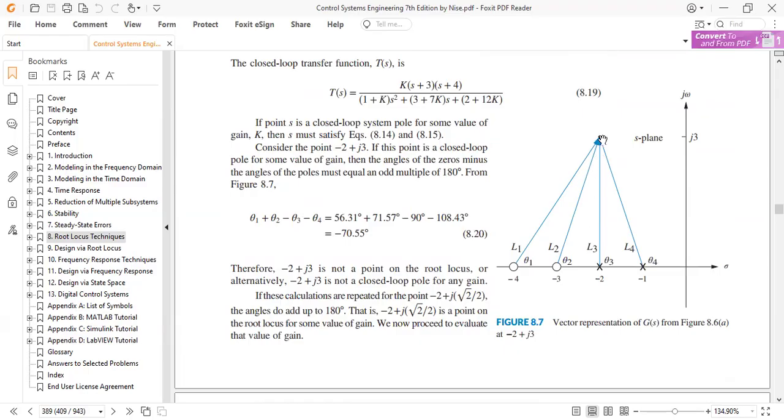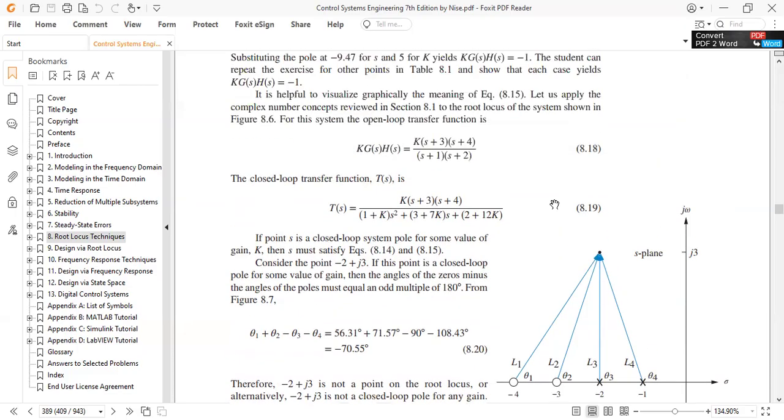So basically at this point, we'll calculate the angle from all the poles and zeros of the existing system, the open loop poles and zeros, and we'll sum that angle and find out the resulting value. One point to consider is that we need to check the angle formed from each pole and each zero to that point, and we need to add the angle of zeros and subtract the angle of poles.